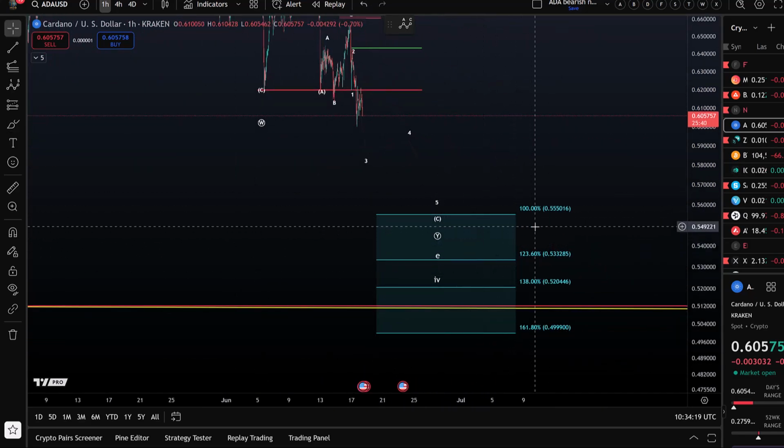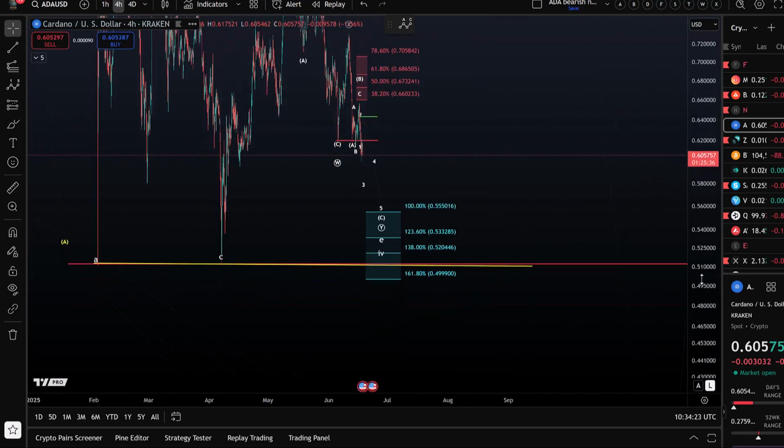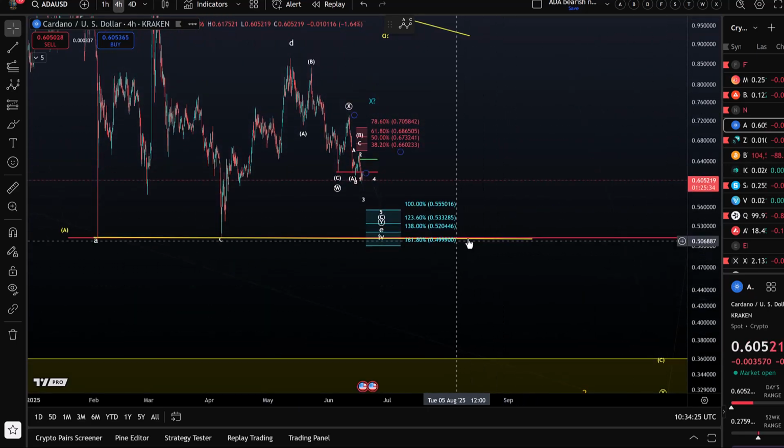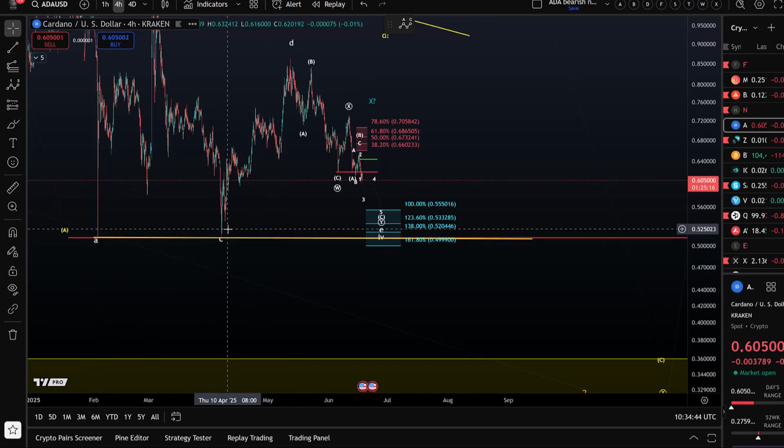Just a quick reminder, it's very important that we're tracking a larger Elliott wave triangle with support around 51 cents, and honestly this 51 cent level is the invalidation point for this triangle. Any break below would mean breaking below the A wave low and the C wave low of the triangle, and that would formally invalidate it, at least if there's a decisive break.